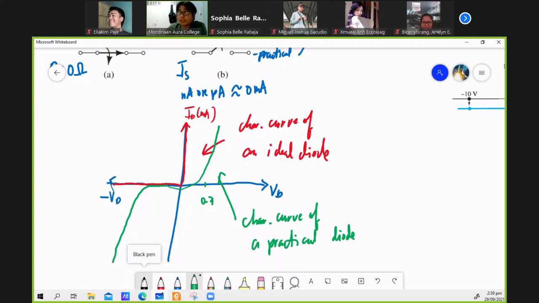So, posibleng ganyan yung maging itsura ng kanilang characteristic curve. But hindi sila eksaktong pareho. Ito yung sinasabi ko sa inyo na hindi natin direktang ma-measure or makakalculate yung ating value ng impedance or resistance. No, we just do approximations. So, magkakaroon tayo ng approximate models and general models kagaya nito. Okay? So, yun yung tinatawag na ideal diode model.